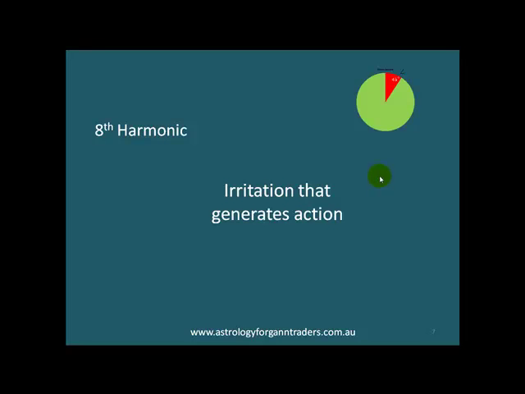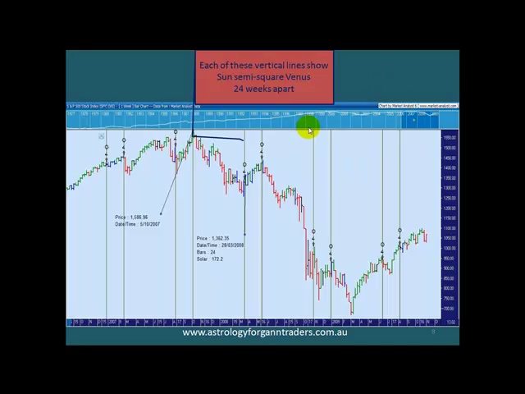Now, why are these aspects important? In terms of trading and using astrology, we want to understand when certain planets make aspects between each other and how they affect the market. What I've plotted here, on a weekly chart of the S&P, is every time the Sun is semi-square Venus.